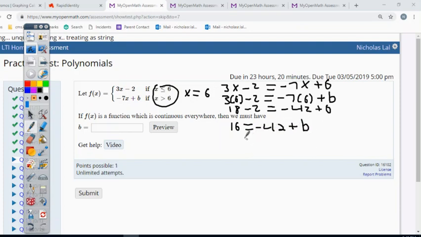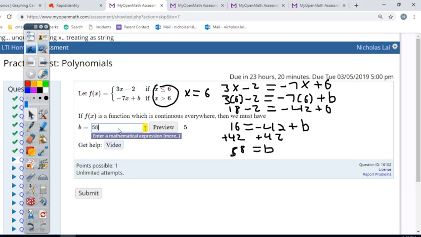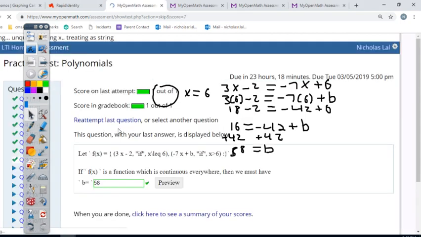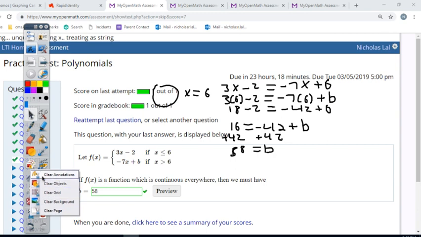Add 42 to each side. 16 plus 42 is 58, so 58 is equal to b. So b is equal to 58. Let's see if I did my math right. That was correct. Let's keep going.